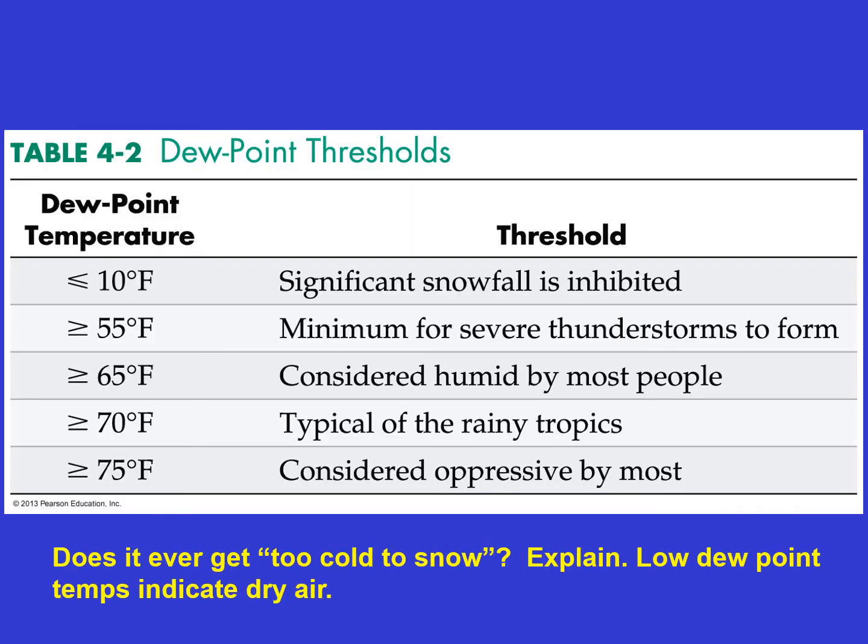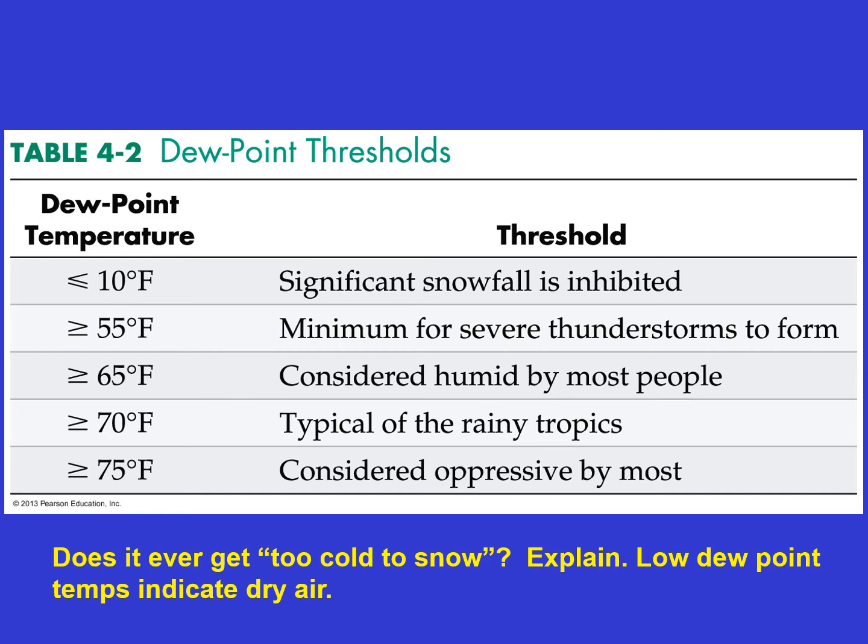All right, dew point thresholds. Oh, this is a really interesting table, and I'm glad that it's in Fahrenheit. I mean, that's what we continue to use in this country. That's what we're used to. Okay, so if the dew point temperature is really low, like less than 10 degrees Fahrenheit, significant snowfall is inhibited.